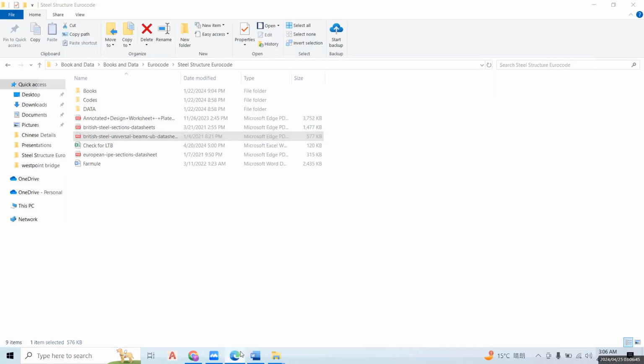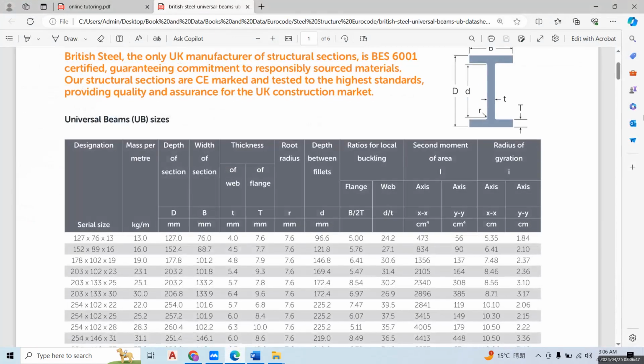Okay. I had to go back to the meeting, screen share, and desktop share. Okay, I can see it now.